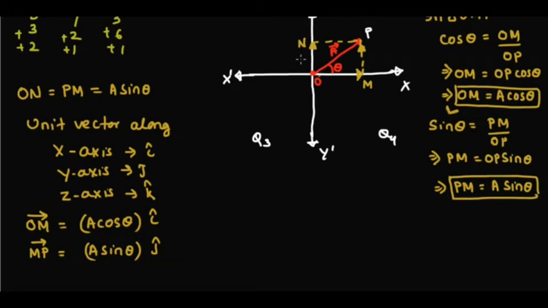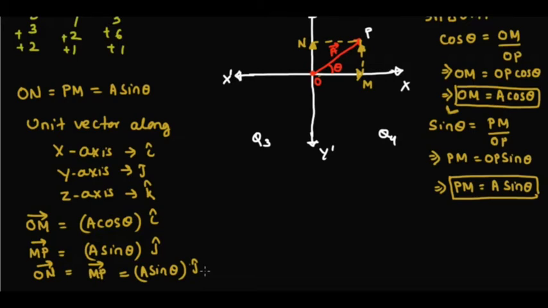It means ON vector and PM vector are equal vectors. So I can write that ON vector is equal to MP vector, and that is equal to A sin theta into j cap. Is that clear? So MP vector is exactly the same as ON vector.